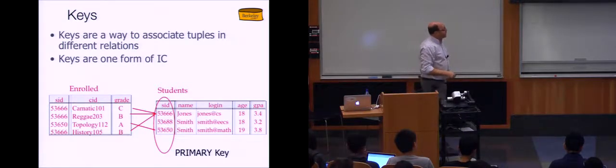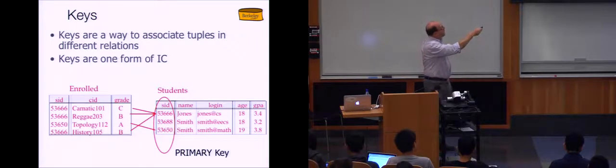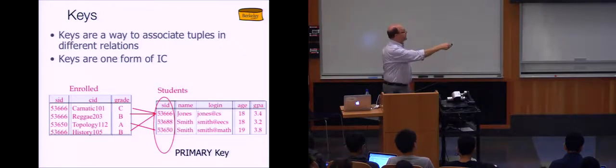And so if you want to understand that, well, it's saying that the student whose primary key, whose SID, is 53666, is the student that's being talked about in this record. And this record here, right, is talking about a completely different student. Okay? So on the student side of things, those SIDs are going to have to be unique. They're primary keys.